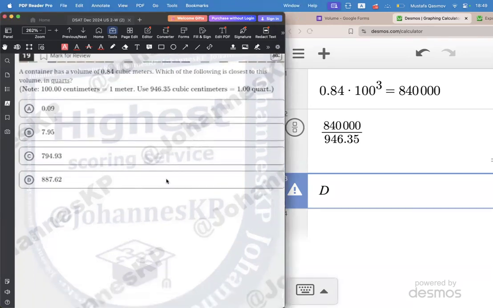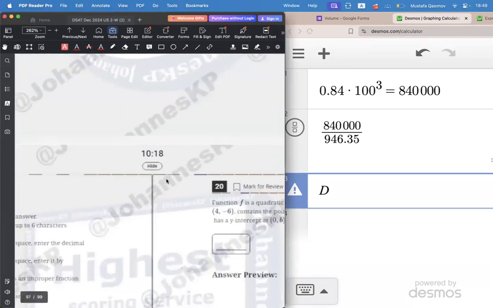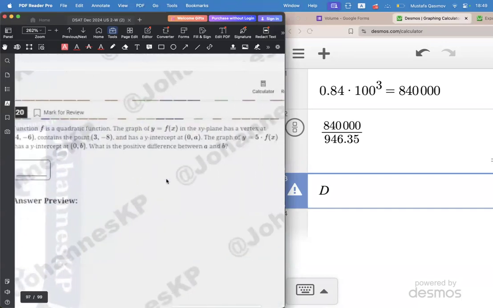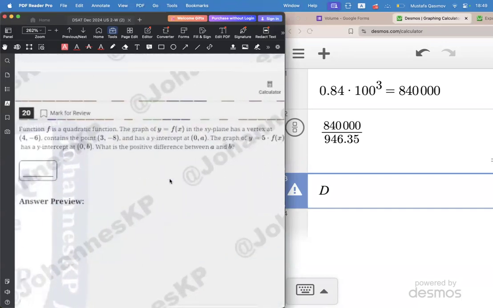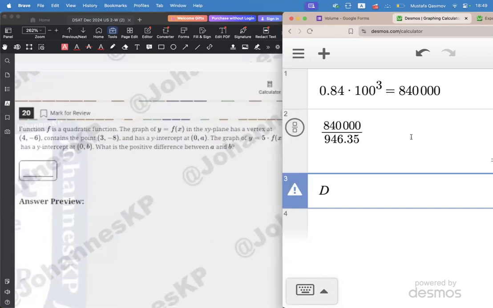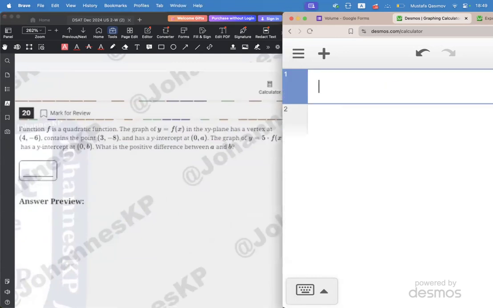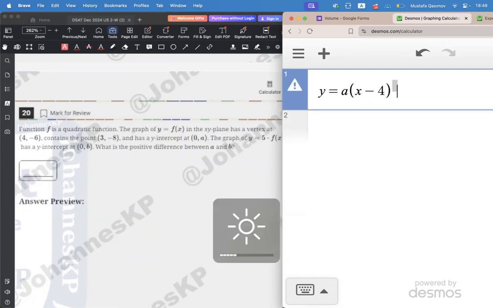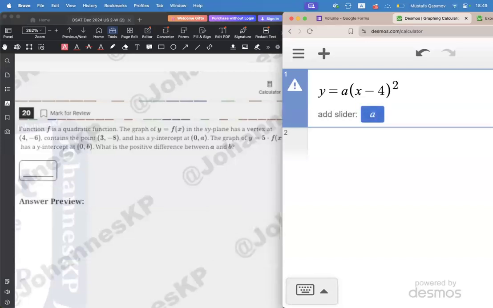Let's continue. This one, we look at also today with some of you. Okay, we have a vertex point. We can write the vertex form y is equal to a times x minus 4 squared minus 6.